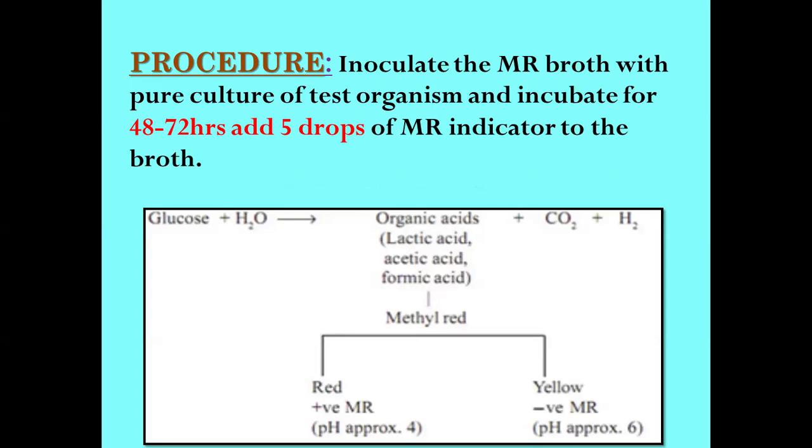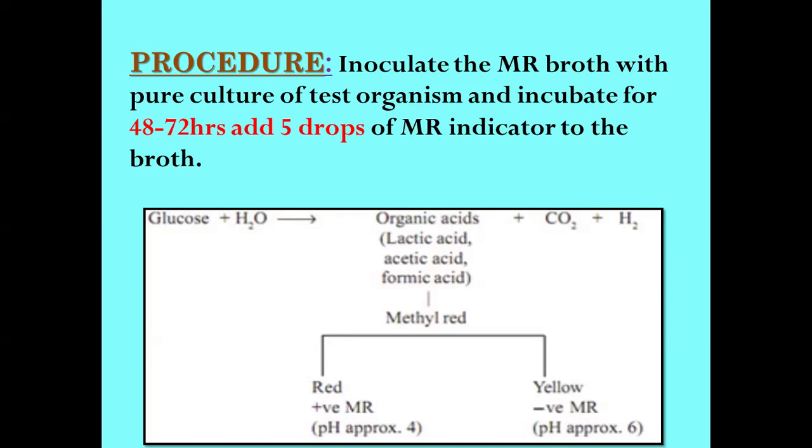After that, you add 5 drops of methyl red indicator to the broth. If the glucose is utilized by the organism, based on the nature of the organism, it will produce stable acids like lactic acid, acetic acid, and formic acid. These will remain in the medium for a longer duration, and the pH will be about 4, so that it produces a red color. It indicates a positive reaction for the methyl red test.